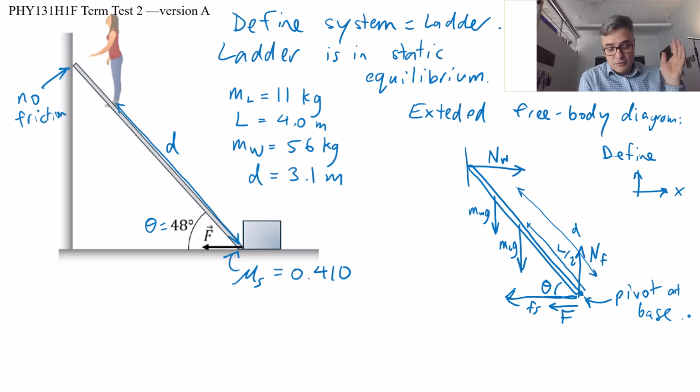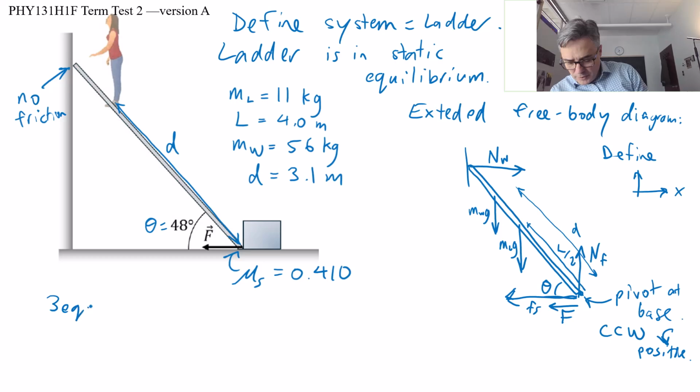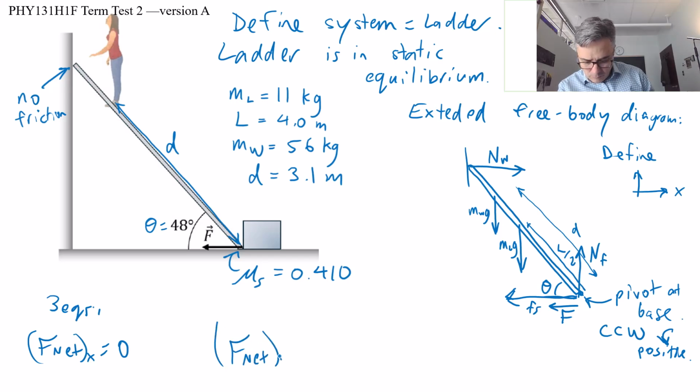Since 3 out of 6 forces are at the base, we can eliminate those torques from the torque balance equation, and put counterclockwise rotation as positive. So the 3 equations here are that F net in the x direction equals 0, F net in the y direction equals 0, and the torque net equals 0.